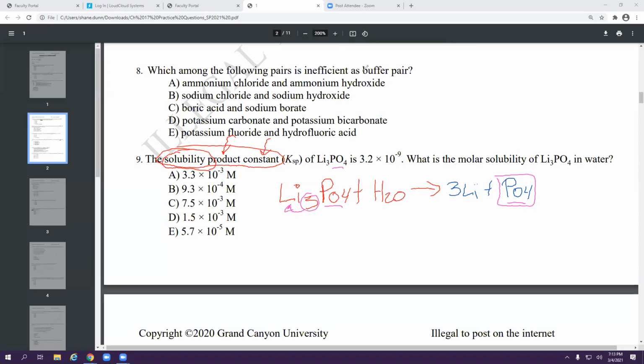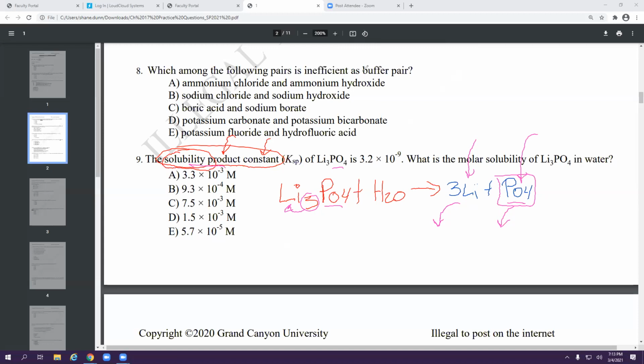Here's where things get weird. Now, Deo Langley might teach you with an S. I don't like using the S variable because it confuses you guys. I'm using the X variable. So what's going to happen is these guys have their own solubility product, right?